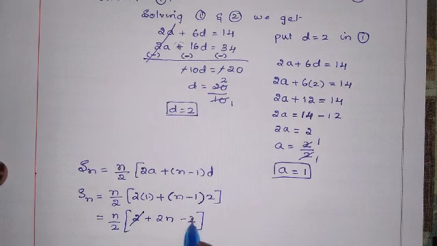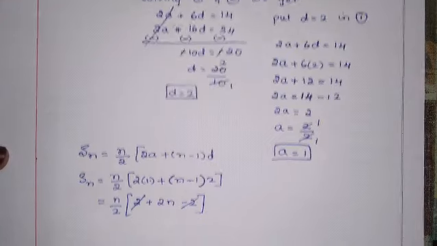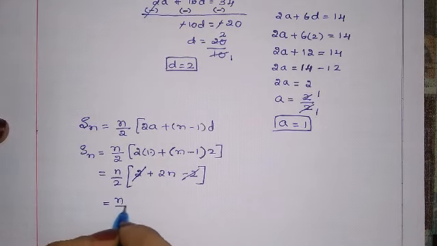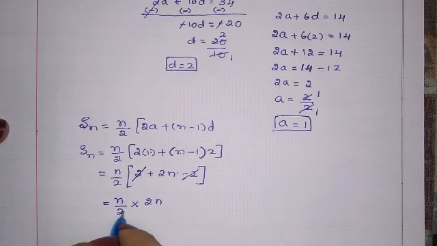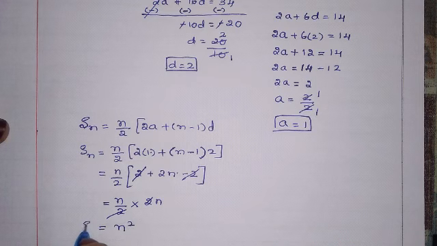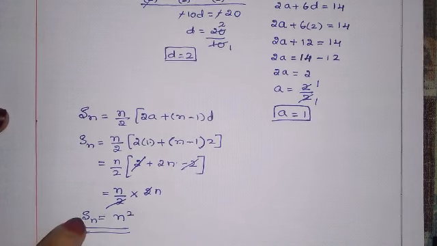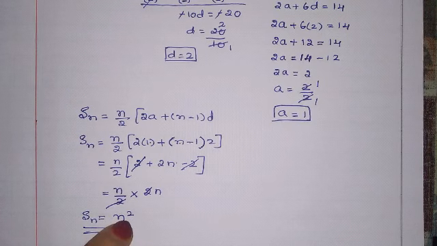Plus 2 minus 2 get cancelled. What is left now? n by 2 into 2n is left. Here 2 gets cancelled. We got the answer n square, and they have told us to prove also n square. So sum of n terms is n square.